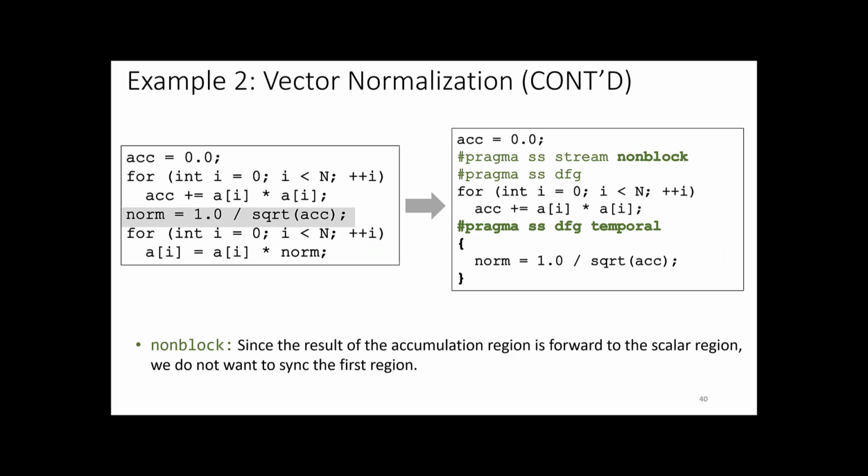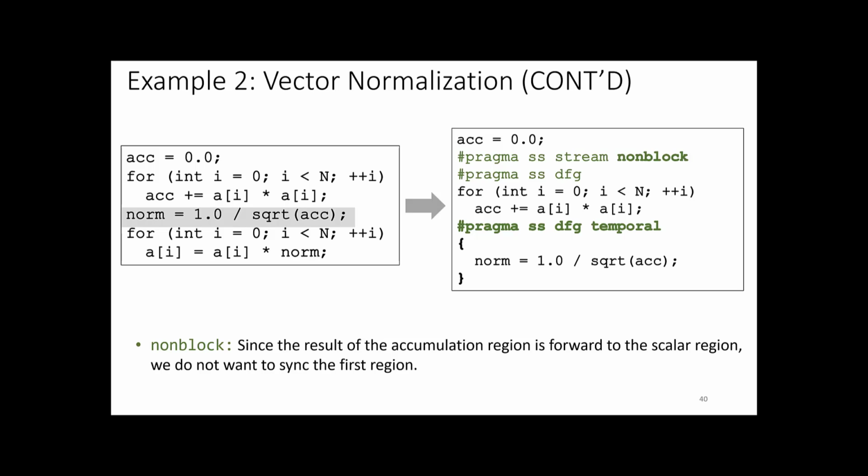For the second region, we need a little bit of rewriting. We need to wrap this region with a pair of braces and annotate this compound body with the pragma. Another thing we need to add is the non-block in the previous region's annotation, since the compiler may detect the accumulated value will be used by the second region.